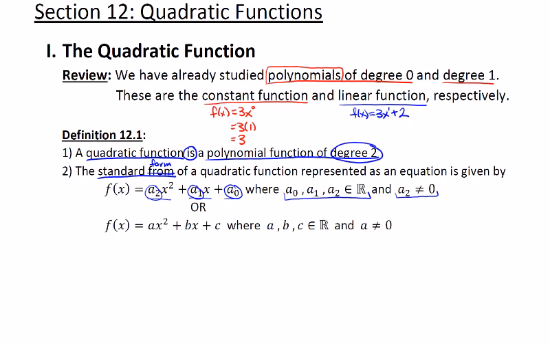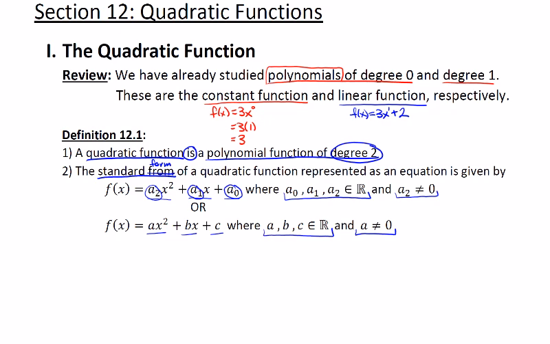The expectation is that you've been exposed to quadratic functions at some point before coming into this class. It may not have been a very in-depth conversation about quadratic functions or equations, but some kind of exposure. Most often you'll see it written as the alternative form here, ax squared plus bx plus c, where a, b, and c have to be real numbers, and a is not allowed to be 0.